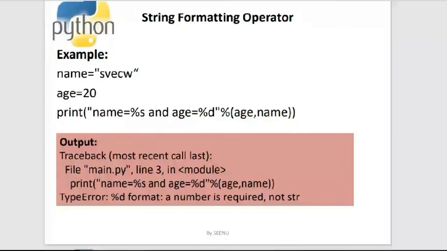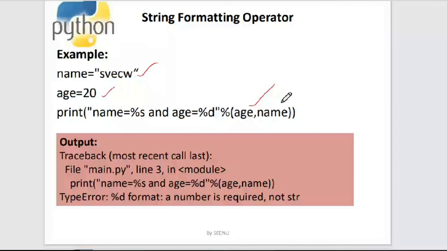And see here, girls, the first thing is name and the next is an integer. The first thing is a string and the second one is an integer. Now, when I try to format it, I have jumbled the variables. First, I have given age and second, I have given name. If both were integers, it would not show you an error. But the first one is percentage s, so the conversion is not matching.